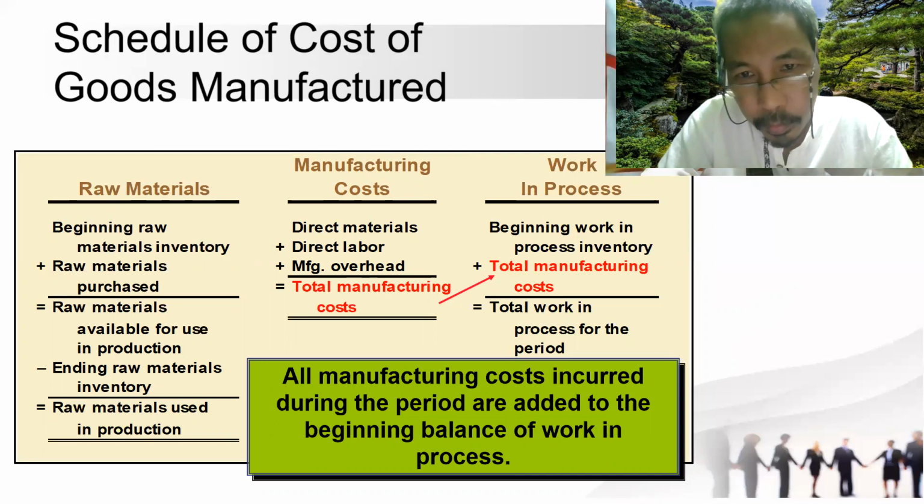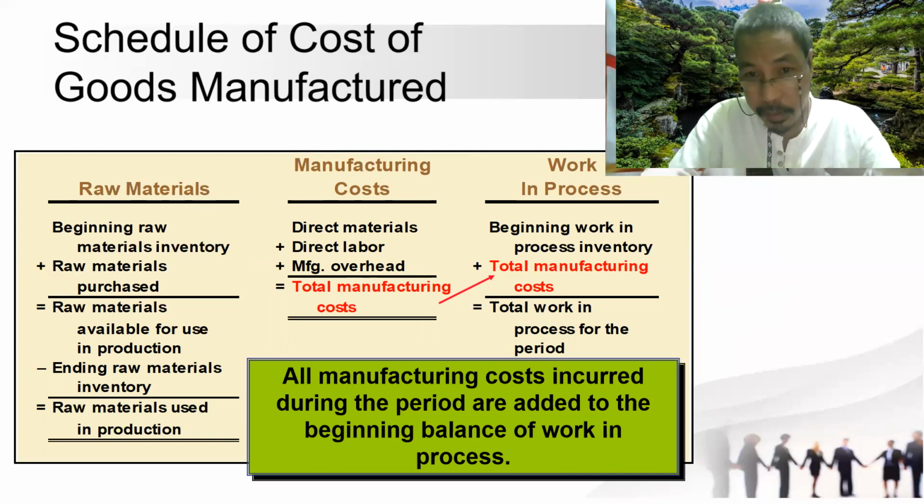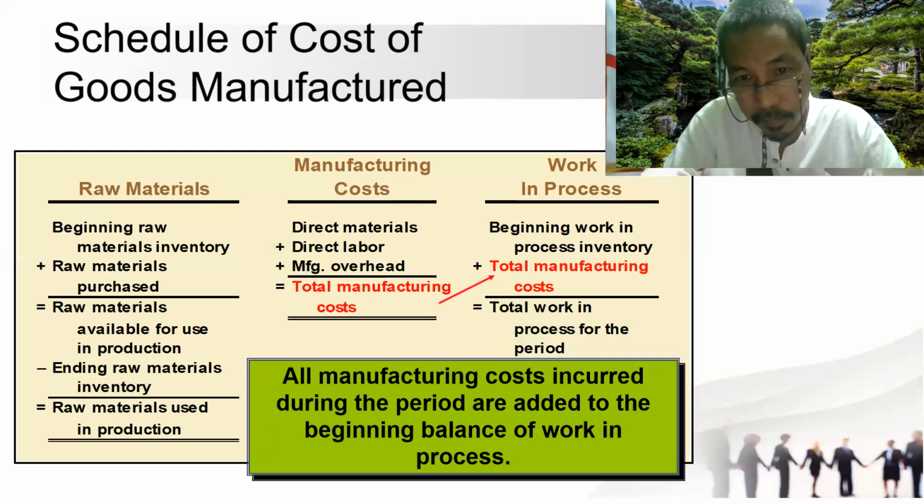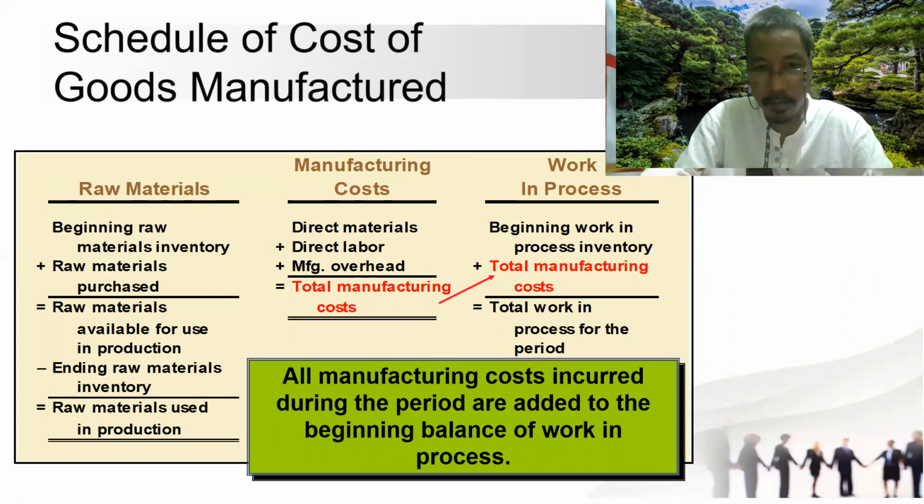Okay. So work in process: beginning work in process inventory plus total manufacturing cost. So we have the total manufacturing cost. So let us add. Therefore, we have total work in process for the period.